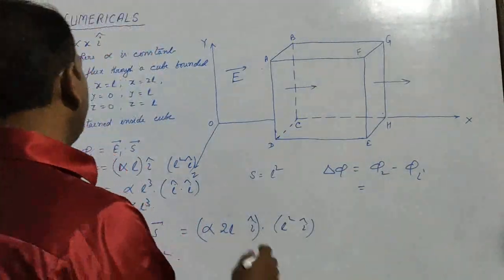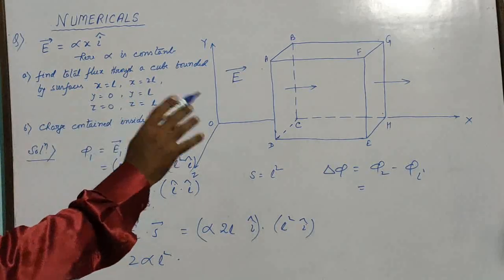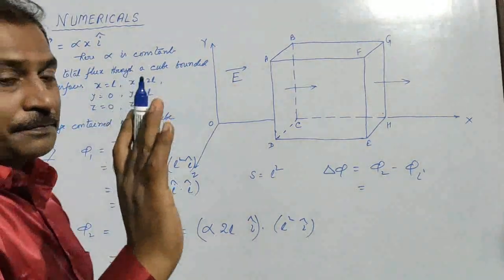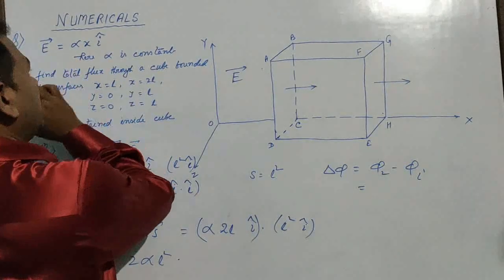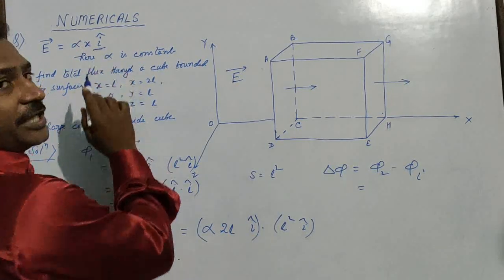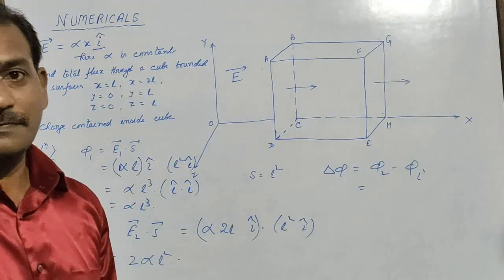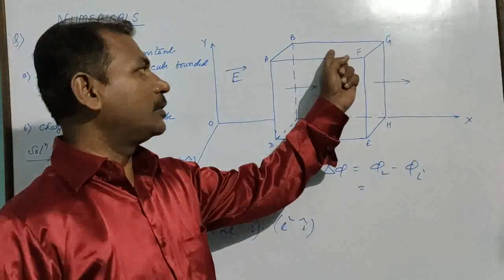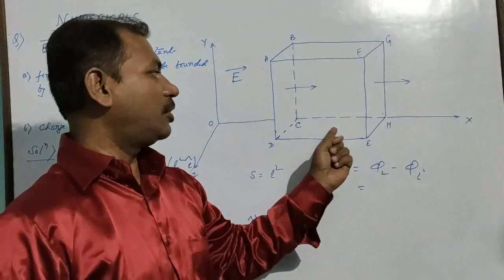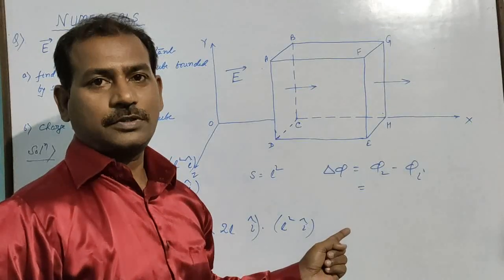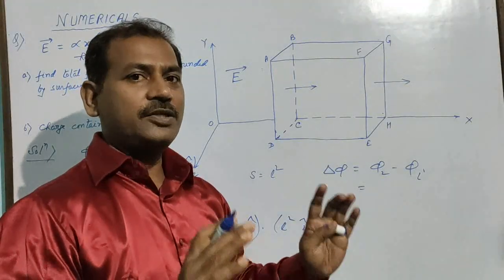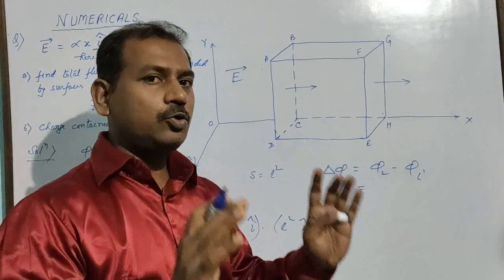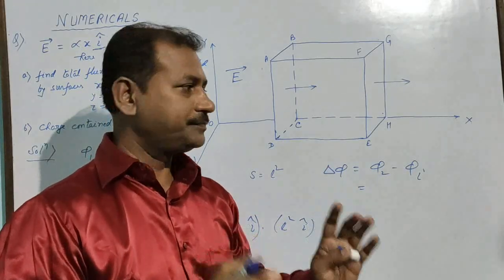Now, remember here that this particular field intensity is only propagating along the x-axis. So it will not have any flux through this particular area or this particular area. For this reason, you may take any cube to understand it clearly.